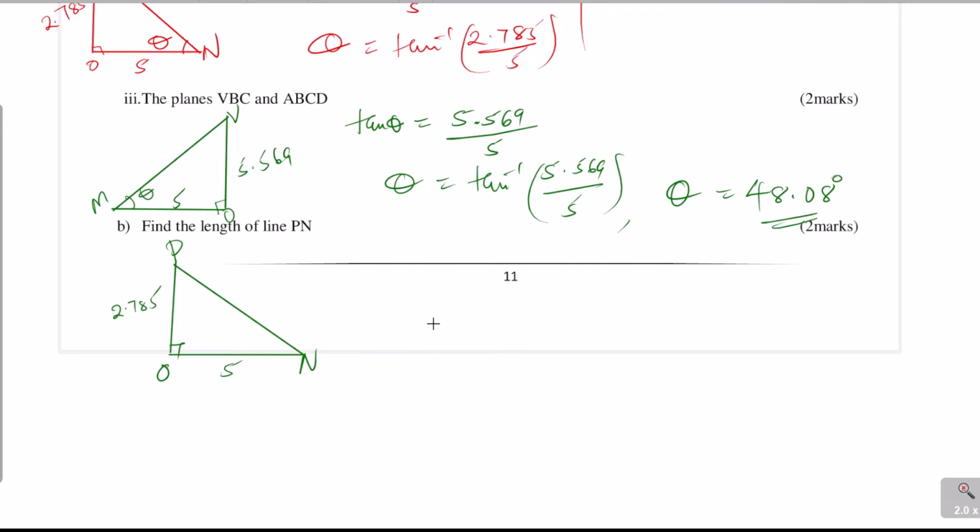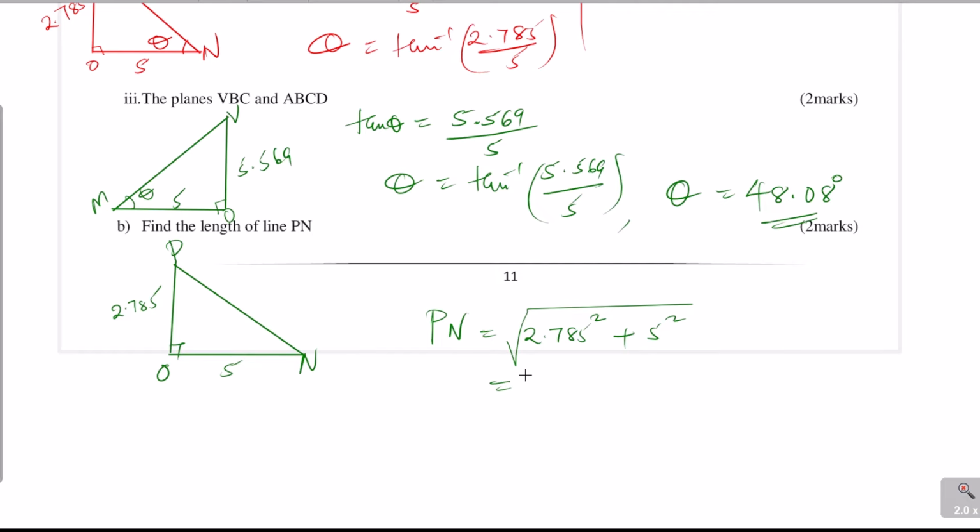So now getting PN, we use Pythagoras theorem. It will be 2.785 squared plus 5 squared. Get the square root of everything there. So you're getting the square root of 2.785 squared plus 25, that is 5 squared.